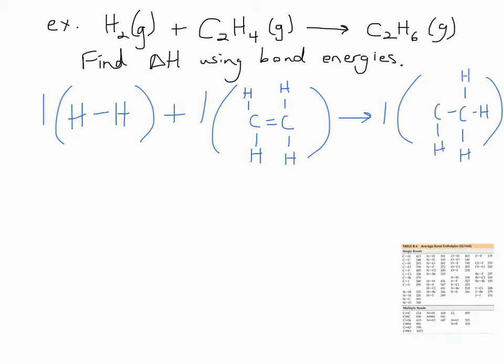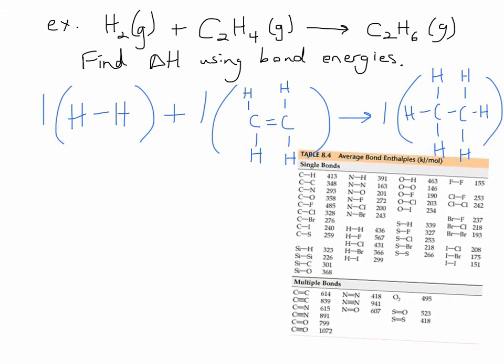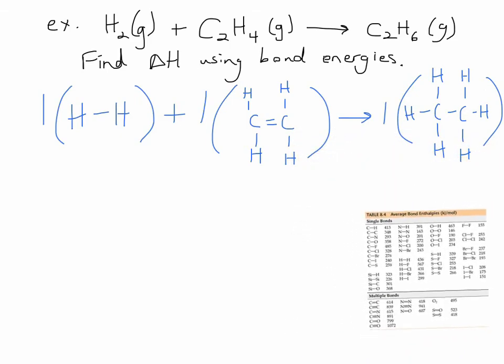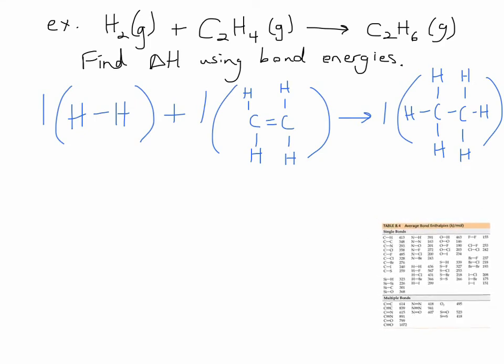Please note that lone pairs do not affect your bond enthalpies because, if you look back to our table here, lone pairs are not part of a bond enthalpy. We're talking about breaking and forming bonds, so lone pairs do not participate in bonding.